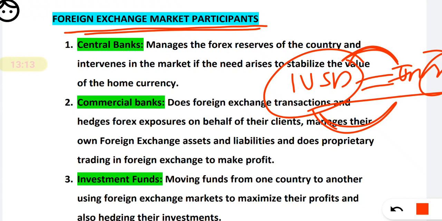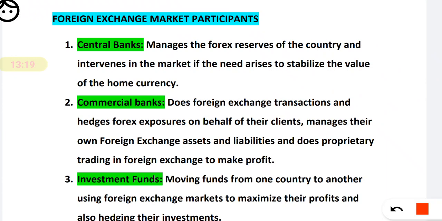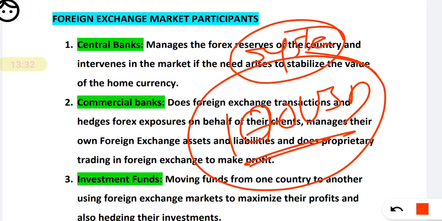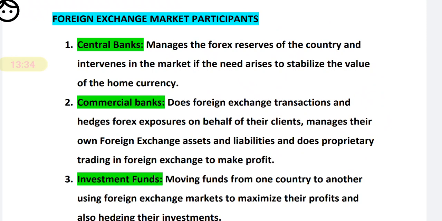And what are the market participants who can participate in that? Suppose, for example, I have to buy $100. Can I participate and can I buy that? Yes, you can buy. What is the system required for that? So in that way we have to discuss the market participants who can participate in forex.